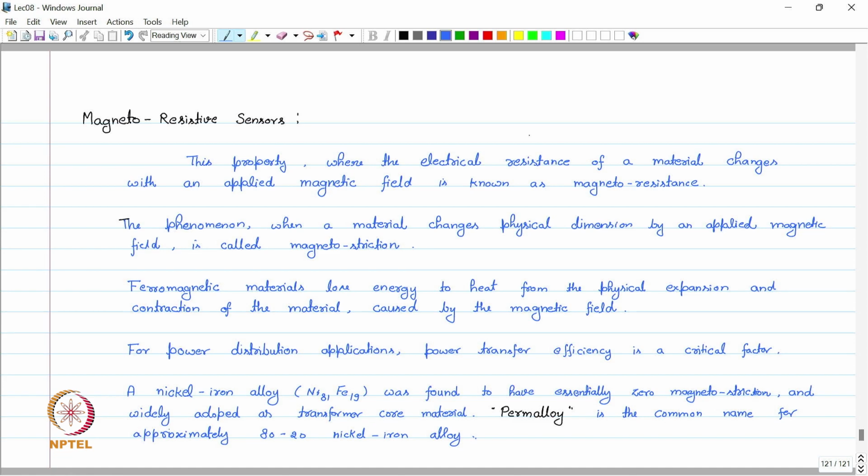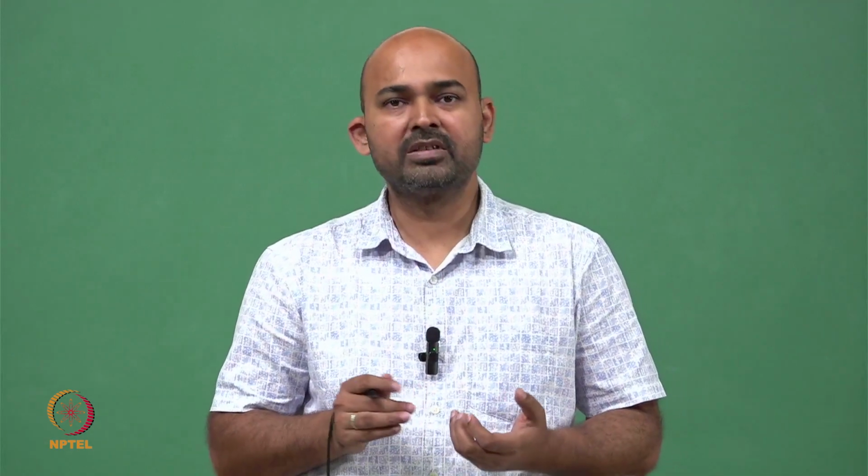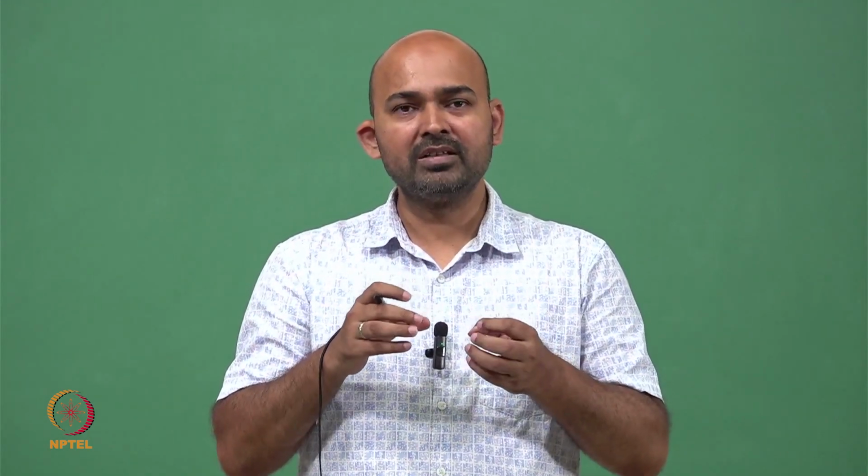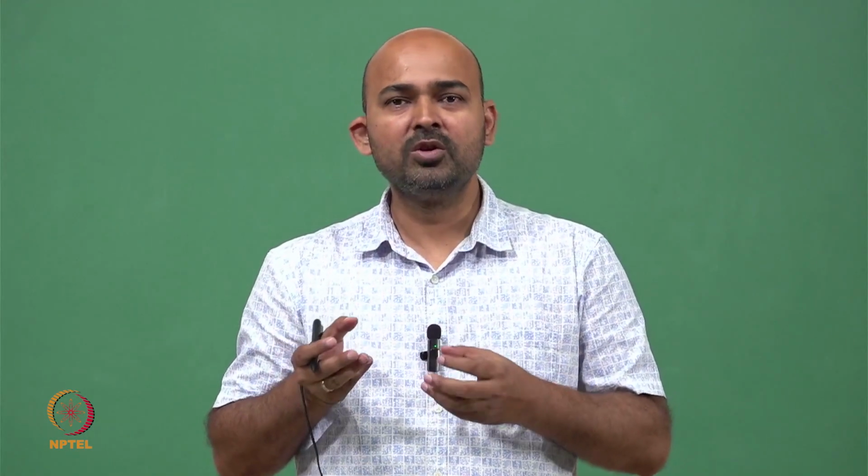So we have an alloy which is almost 81% nickel and 19% iron. This composition of these metals which makes this alloy is found to have almost zero magnetostriction.